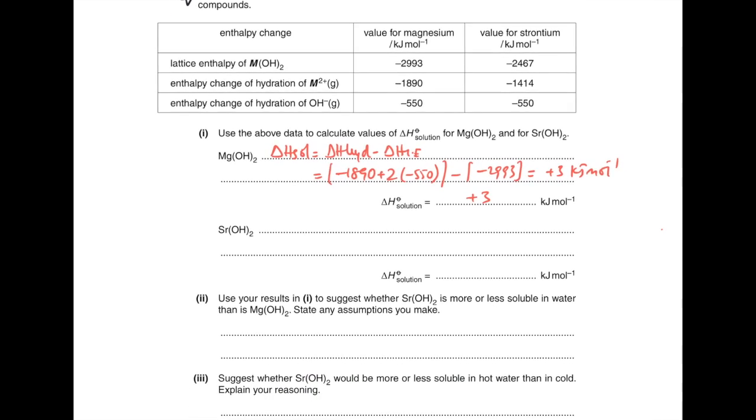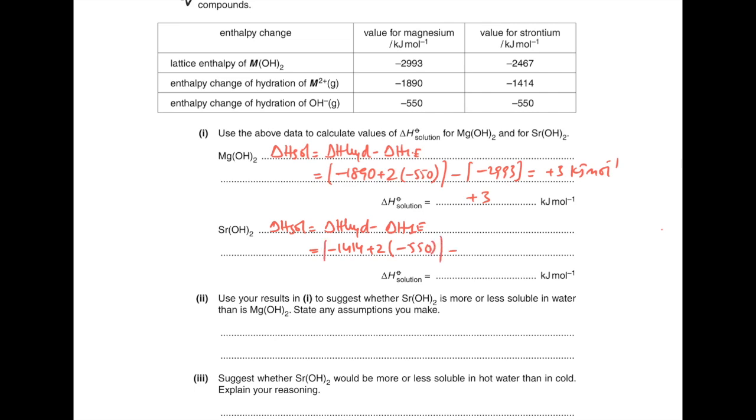Let's use strontium hydroxide, right? So basically, again, enthalpy of solution is equal to hydration minus lattice energy. There is no need to write the formula, right? I'm writing it for you so that you know what I'm doing. So I think the hydration enthalpy for strontium ion is minus 1414 plus 2 into hydroxide, minus 550.